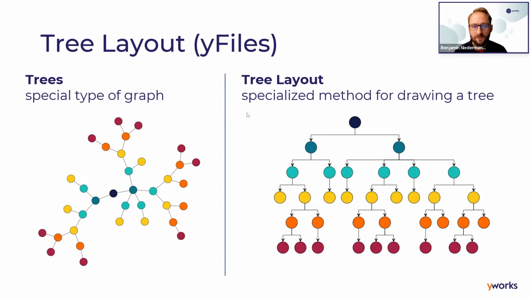But now I would like to talk about how to draw a tree. The tree layout, especially the tree layout in yFiles, is a specialized method for drawing a tree. Of course, there are many different ways to draw a tree, and I would like to give you a short sketch of how the tree layout actually does this, which then helps you to customize the tree layout.